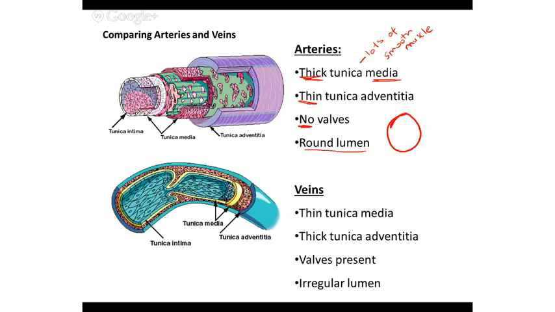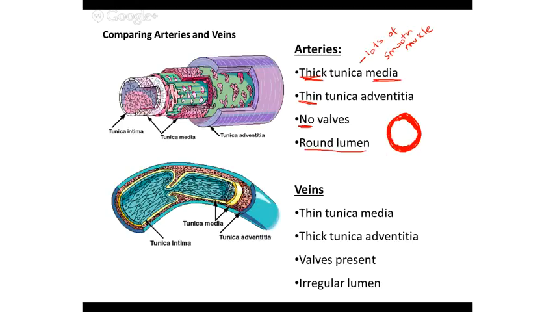Remember, to prepare a slide for the microscope, you have to chop up your blood vessel and slice it into little thin slices. Because the artery has a nice thick muscle wall, it's able to withstand that cutting process and maintain its nice round structure under the microscope.